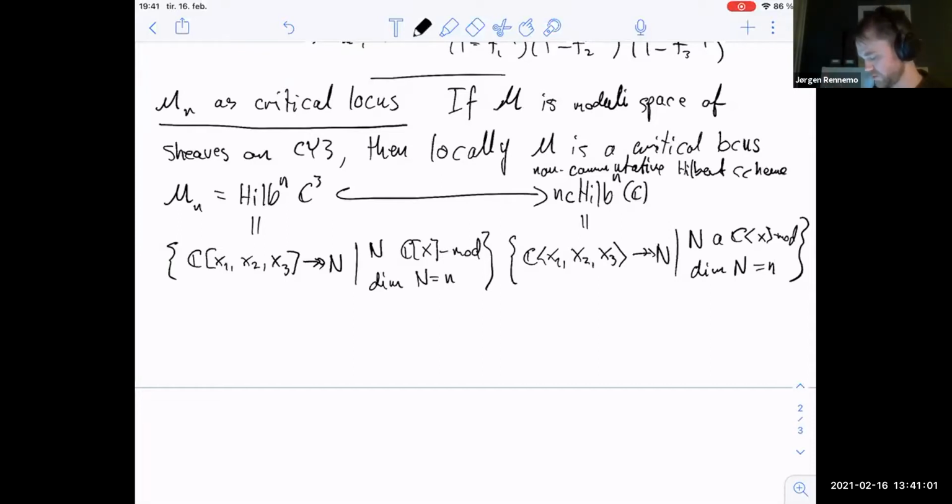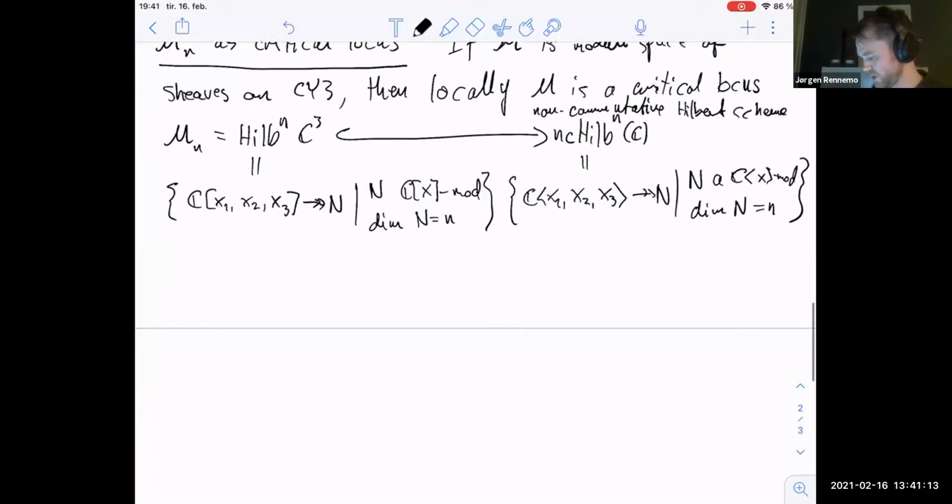I don't think we really know its dimension, at least not for arbitrary n. It's certainly both non-reduced and not irreducible, and has horrible singularities, and you probably shouldn't even try to understand it geometrically. On the other hand, the non-commutative Hilbert scheme is as nice as can be as a geometric object.